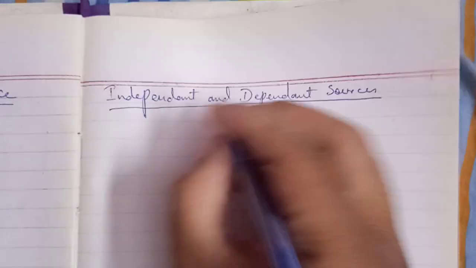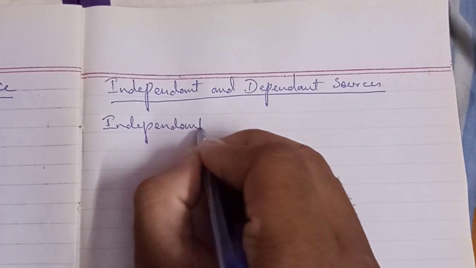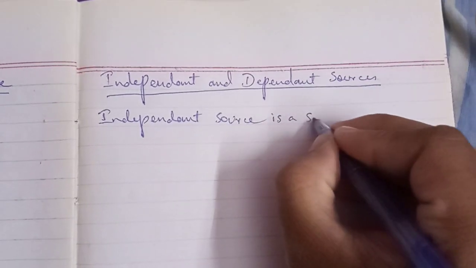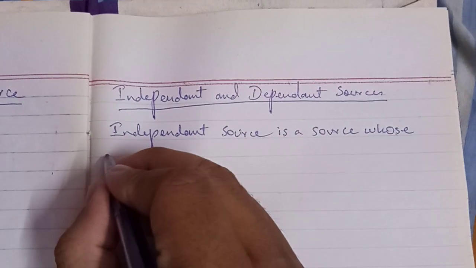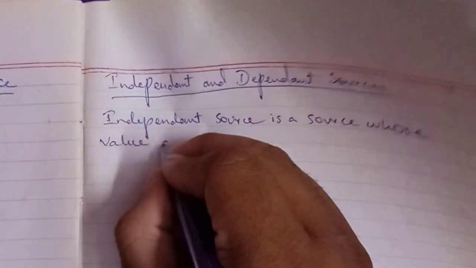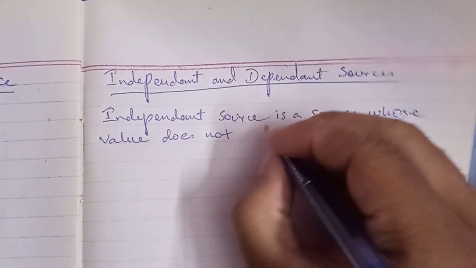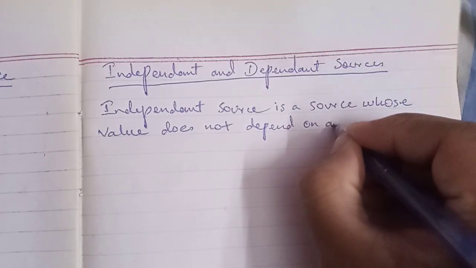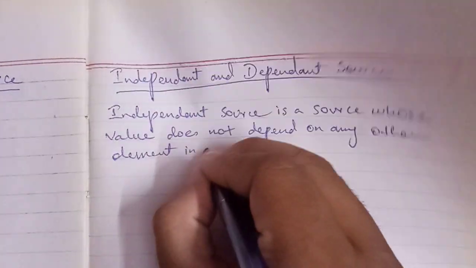Independent source is a source whose value does not depend on any other element in a circuit.